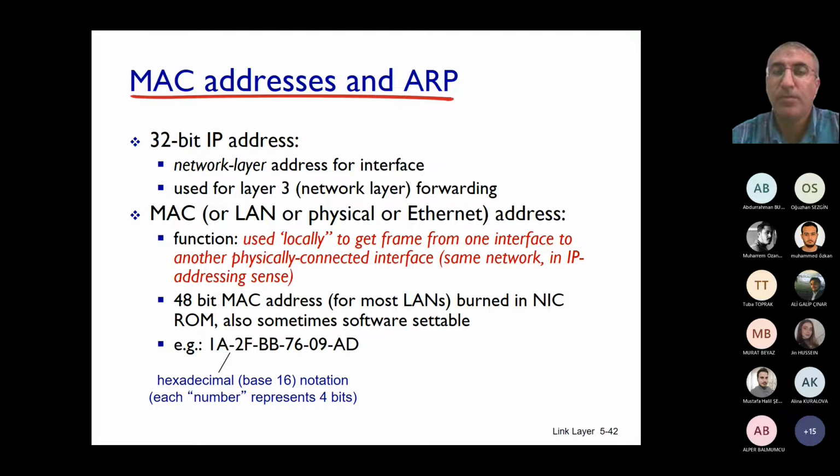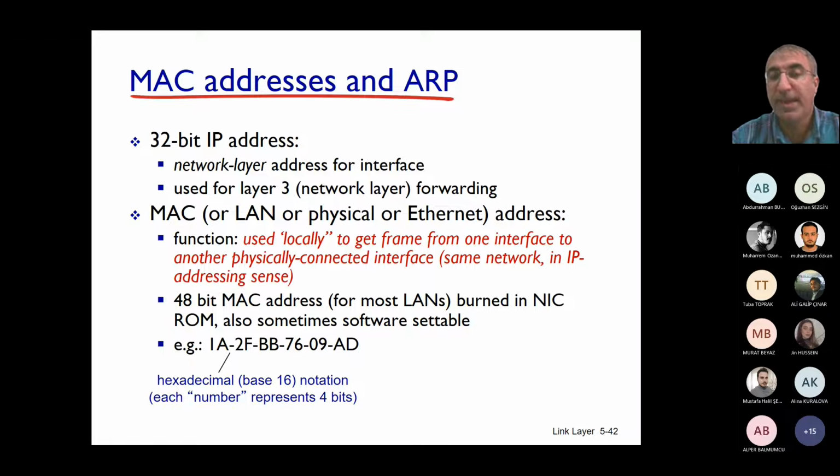You know, guys, that we use a 32-bit IP address at the network layer for the interface, and that IP address is used for network layer forwarding. But we need another address so that we can transfer the frame from one node that is physically connected to another node. That's why we need a MAC address.